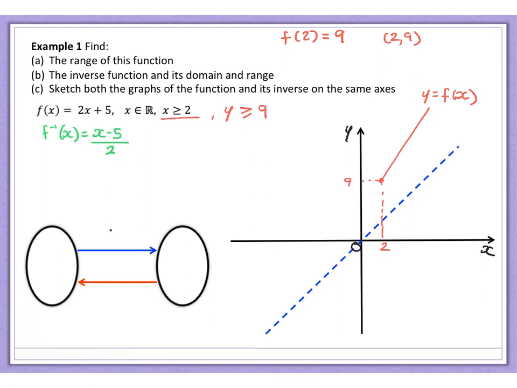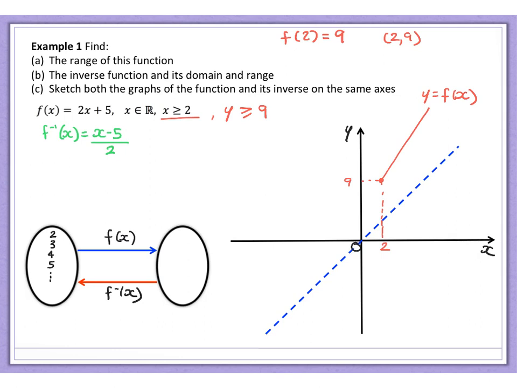If this represents f of x and this represents f minus 1 of x, let's think about the domain of f of x. So x is greater than or equal to 2. We'll start with integer values only. So 2, 3, 4, 5 onwards to infinity.